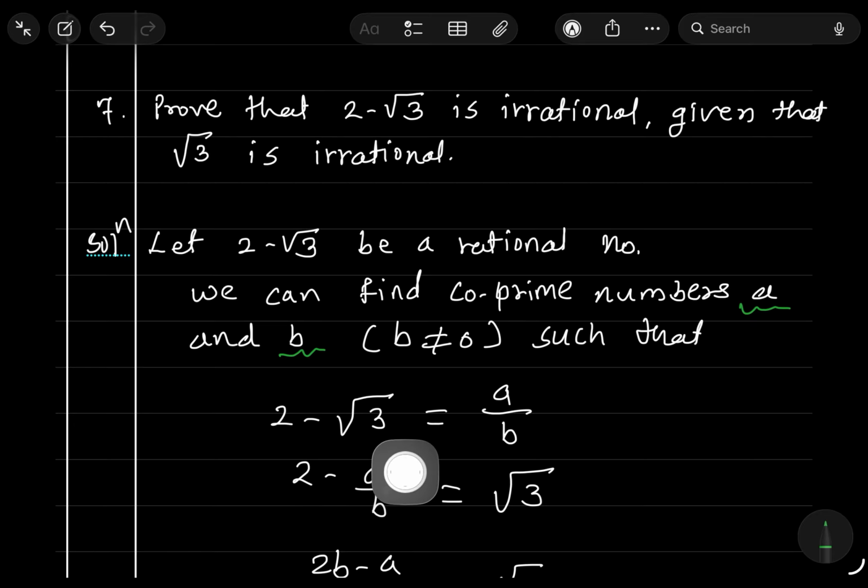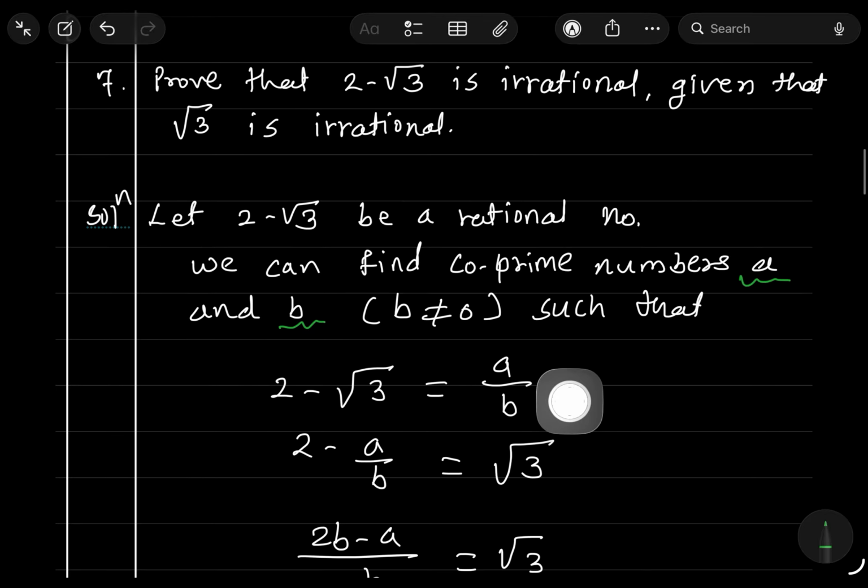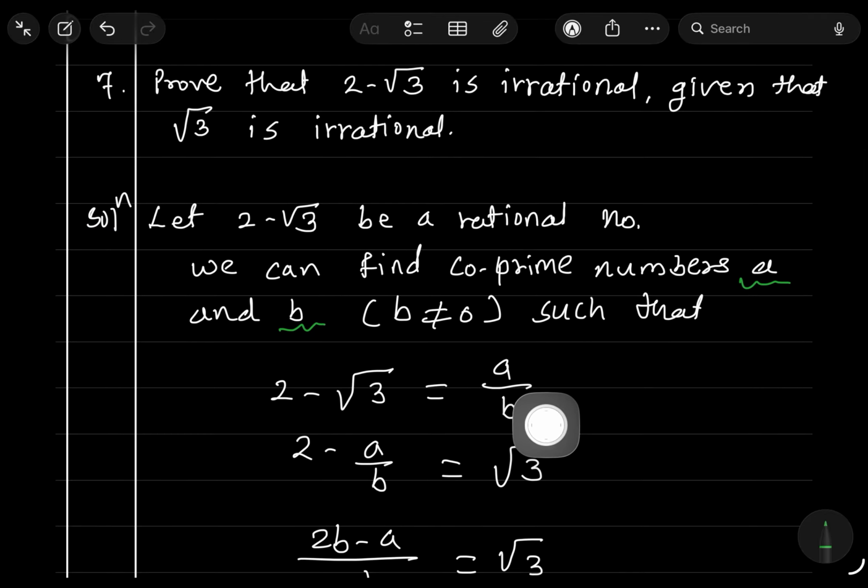So why co-primes? Because why are we writing a upon b? Because we consider at the start that 2 minus root 3 is a rational number. Rational number means we are writing it in the form of a upon b, so 2 minus root 3 equal to a upon b.